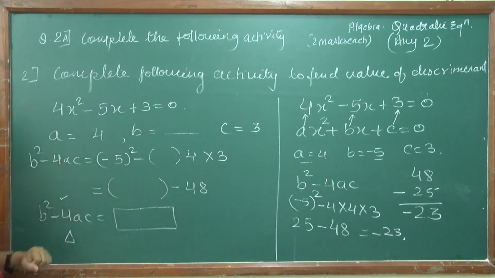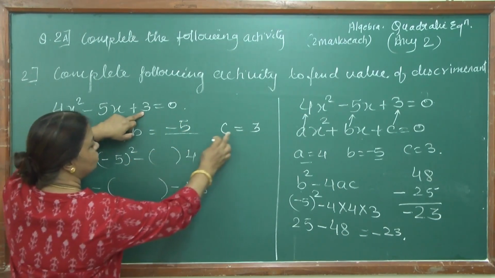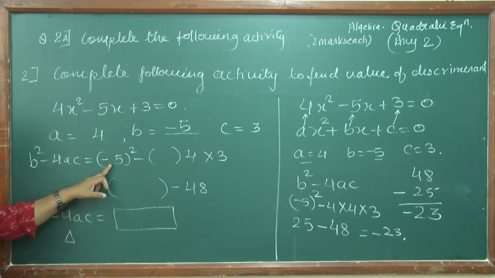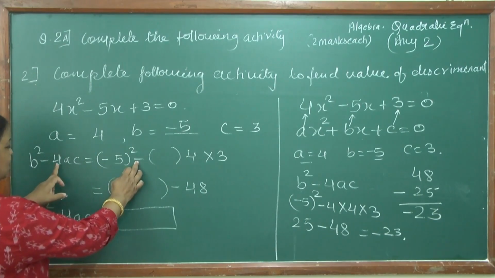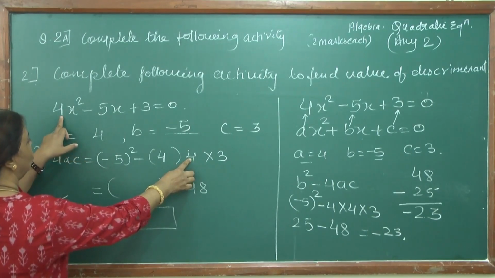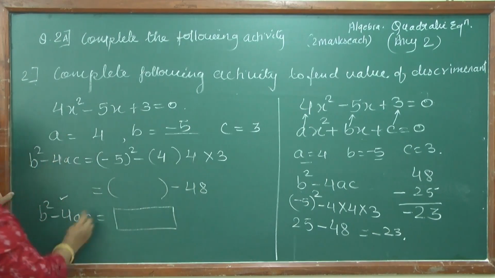Let us fill the blank here. A is 4, b is minus 5 and c is already 3. B square minus 4ac. So b square is minus 5 the whole square, then minus, then what comes? 4, and a value is 4 given here, already given. C is already given.